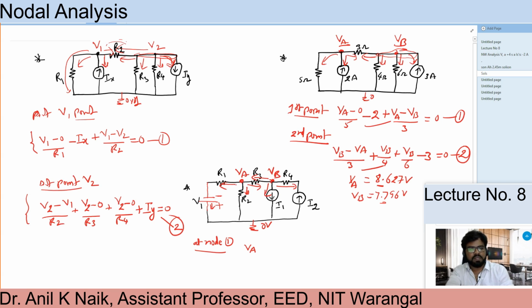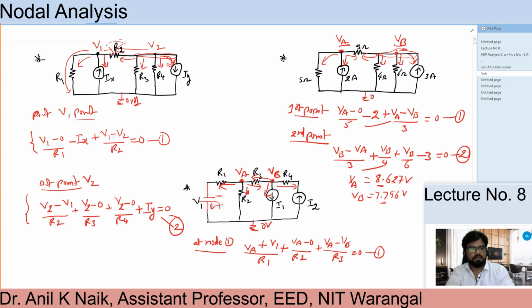Whatever convention I assumed is also in the same direction, both are in the same direction. So I can take plus V1 by R1, plus VA minus 0 by R2, plus VA minus VB by R3 equal to 0.